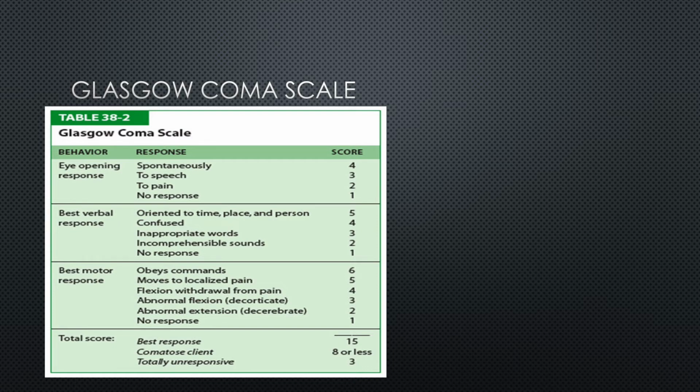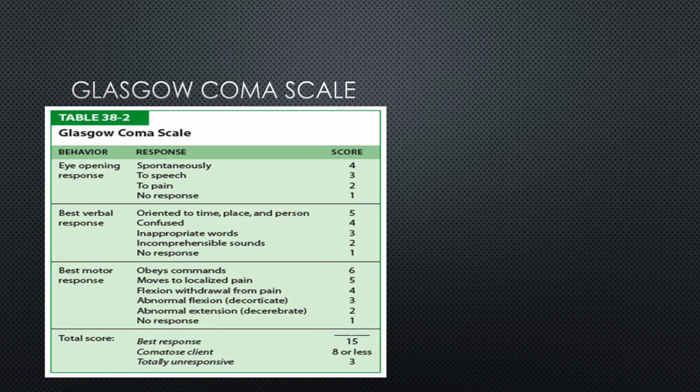So let's look at eye opening. If our eyes are open when you arrive at the site of the patient, that is spontaneously. They get a 4. If they open their eyes to your voice, that's a 3. If they open their eyes to pain, that's a 2.